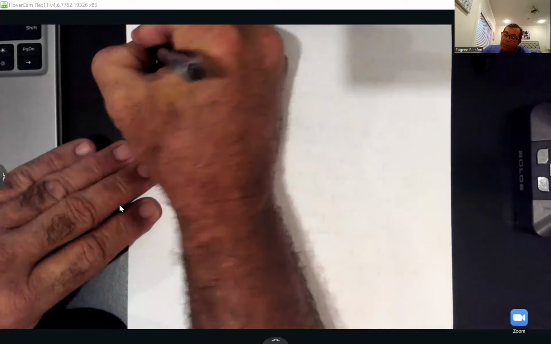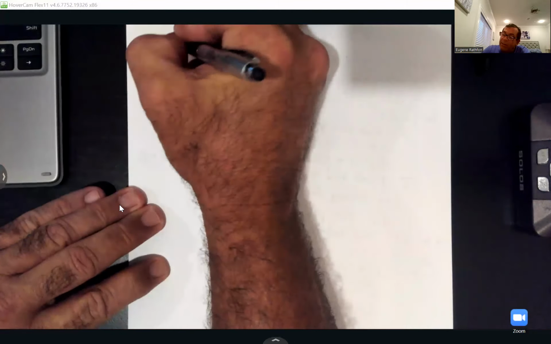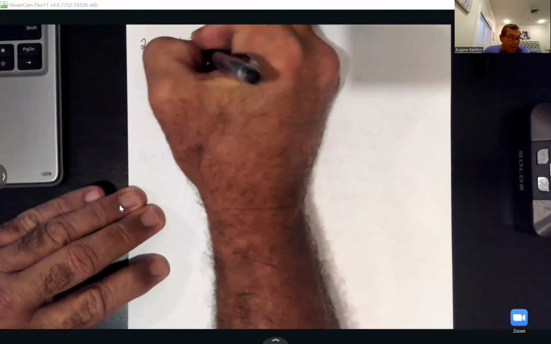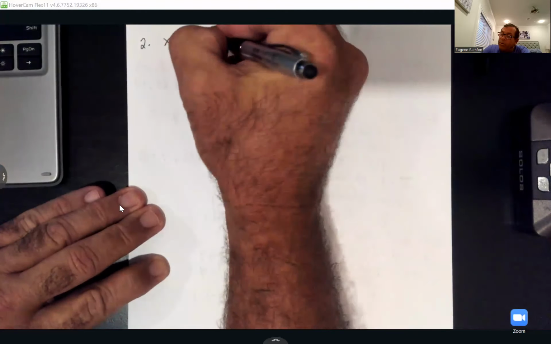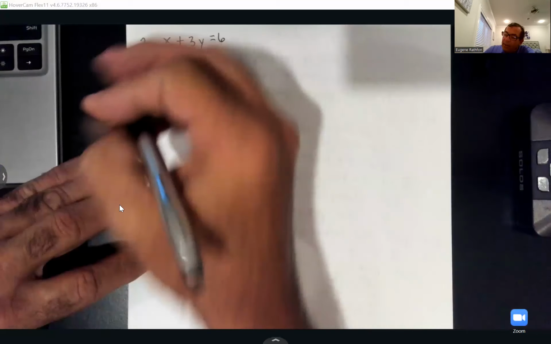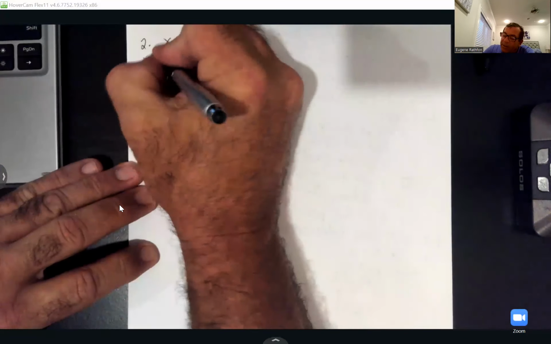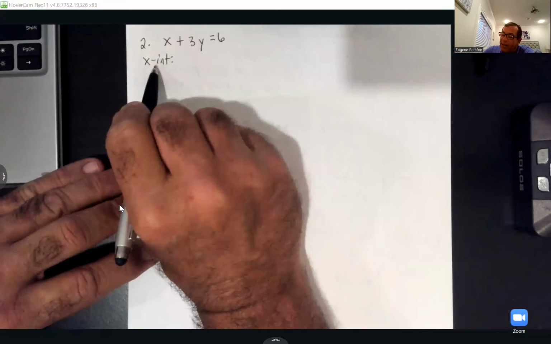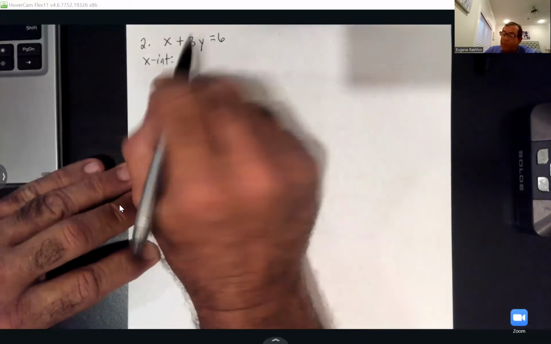And so these first few examples, we're going to be graphing by using the intercepts. So for number 2, graph using intercepts, they're giving me x plus 3y equals 6. So I'm going to find my x-intercept first. So finding the x-intercept, I'm going to set y equal to 0.